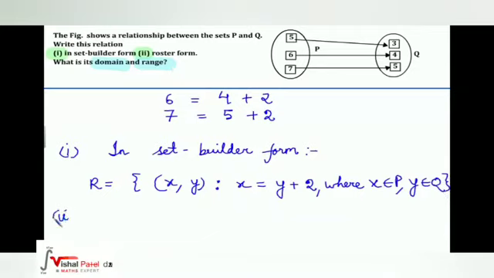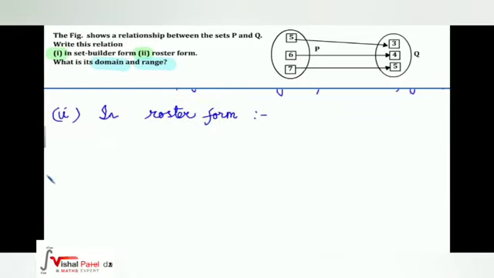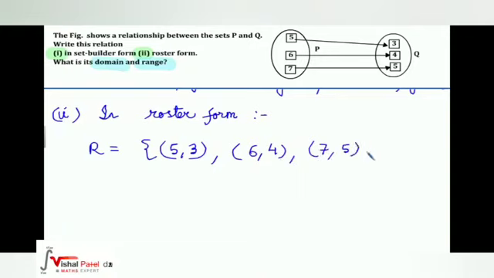Now convert it into roster form. We can write roster form directly from the figure: R is equal to {(5, 3), (6, 4), (7, 5)}. These are the possible results shown in the figure.